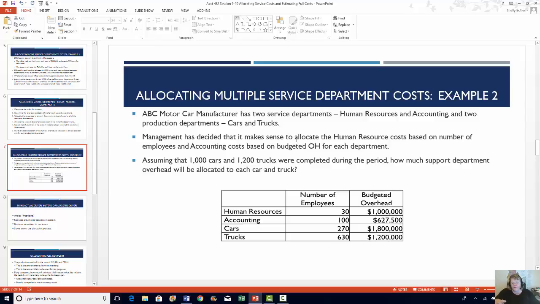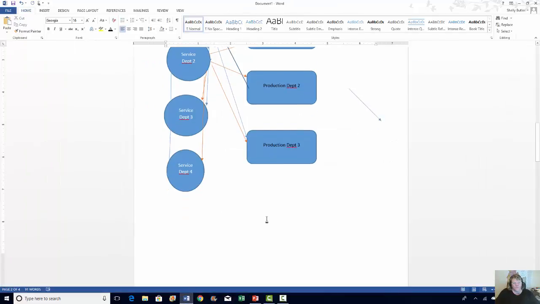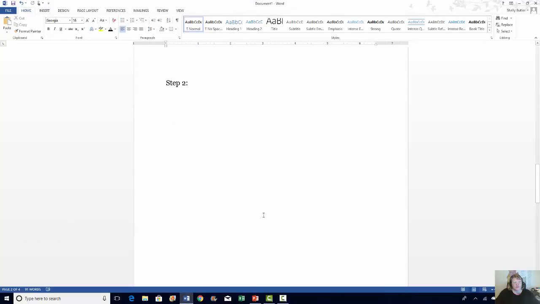Human resources has to hire the accountants, so human resources will be first. So let's go back to our page here, and now we're at step 2, because in step 1, I'm going to move this one over here, because we've already determined the allocation. HR is first because you have to have HR to hire the accountants.